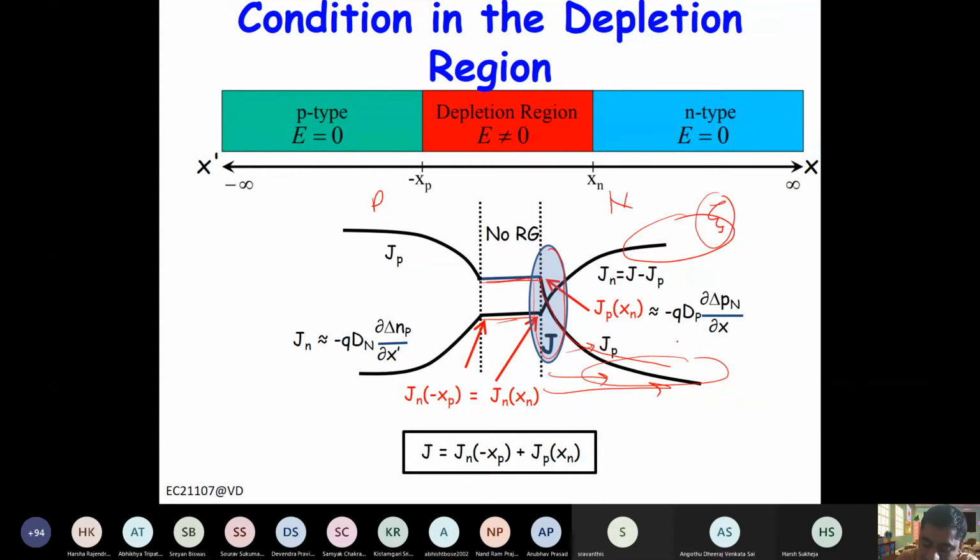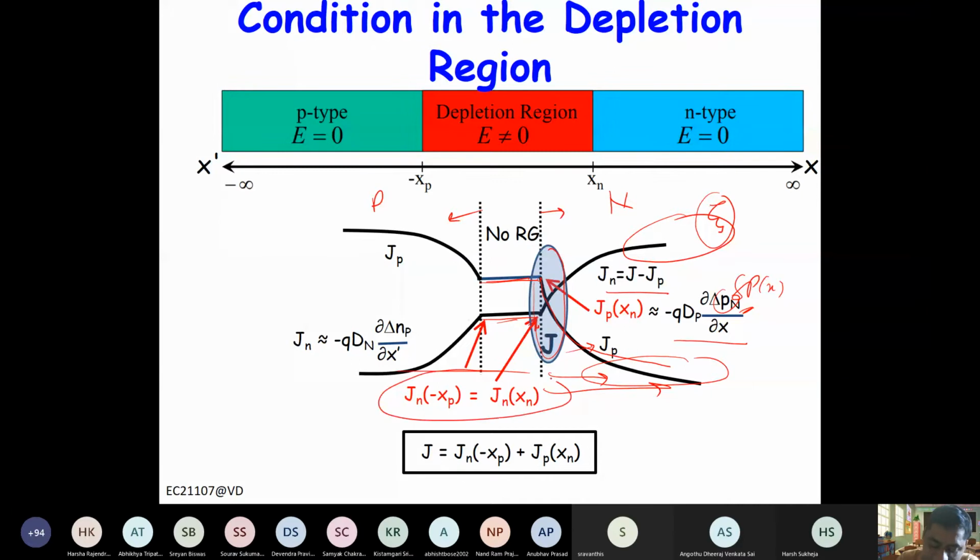And if you know the expression for diffusion current, which is minus q Dp d(delta p) by dx, sometimes we wrote it like this, delta p by dx, right, which is a function of position. And then your electron current will become the total current minus Jp, right? Now if you want to know the total current, then what will happen? You calculate the diffusion current due to holes at xn, and you calculate the diffusion current due to electrons at xp, right?